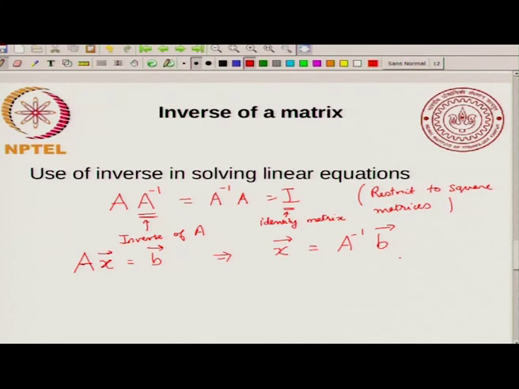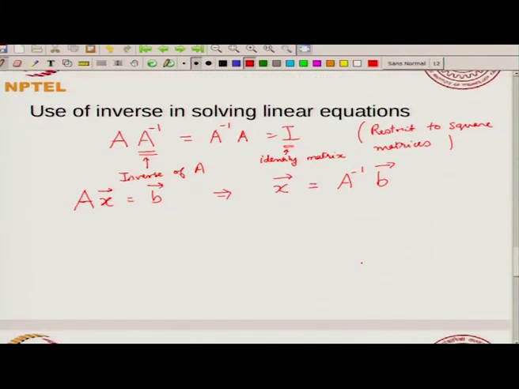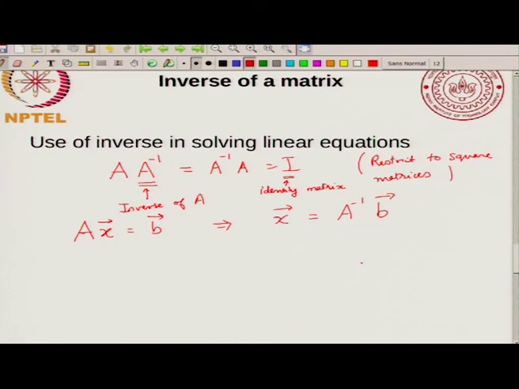Now you have already seen solving a system of equations using Cramer's rule. Now we can see the connection. When you solved equations using Cramer's rule, we saw determinants coming in. Here this gives another solution using inverses.